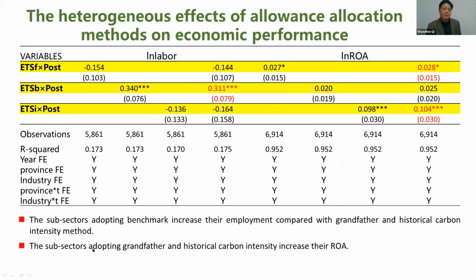And the subsectors covered by the ETS pilots adopting grandfather and historical carbon intensity increase their ROA. So the heterogeneous effect is very obvious in terms of the three allocation methodologies.